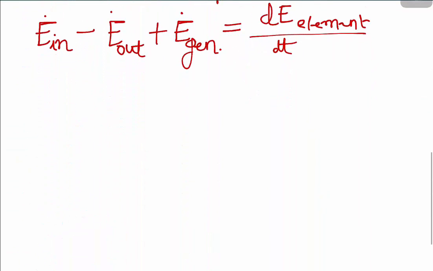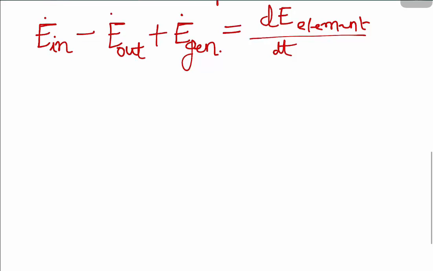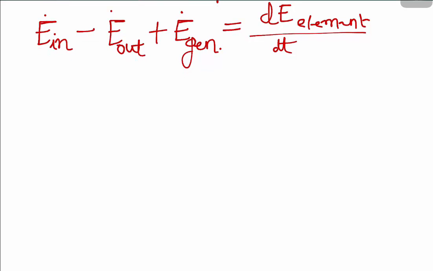Now let us put different terms in the equation. Our equation will become Q dot x minus Q dot x plus dx. I am writing only x component.